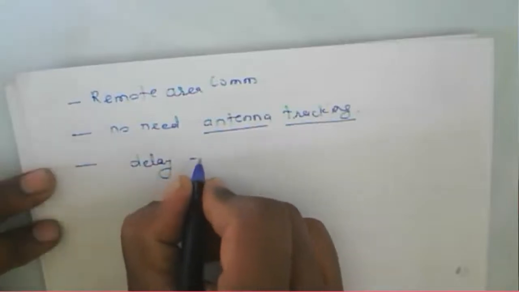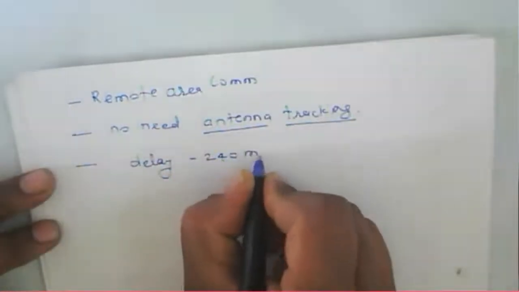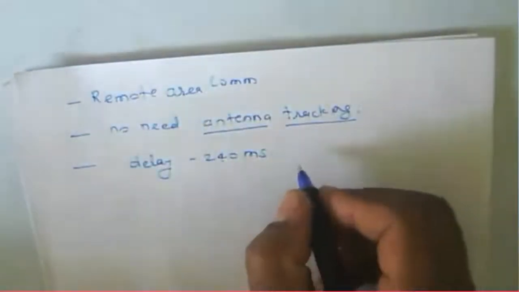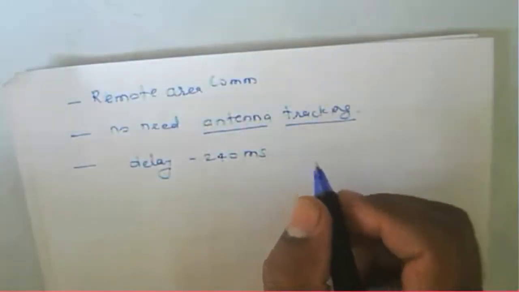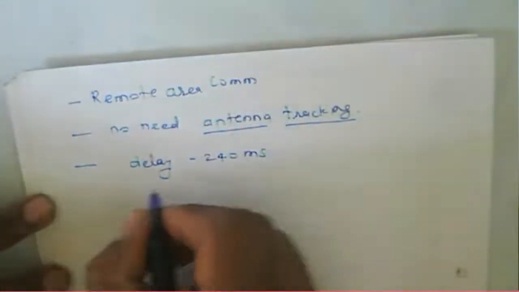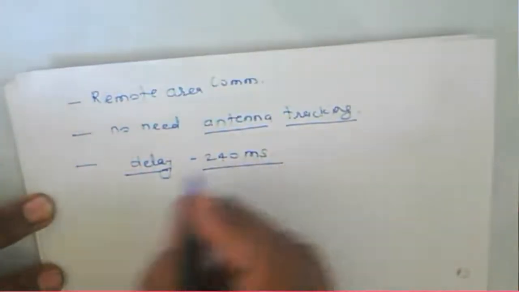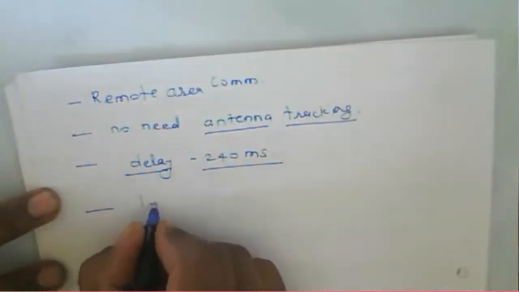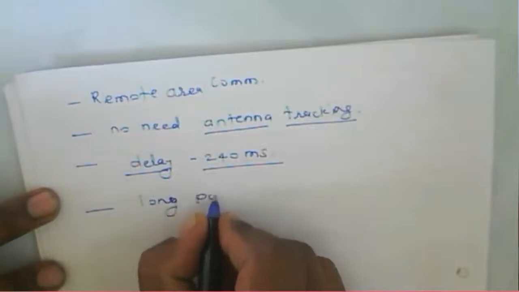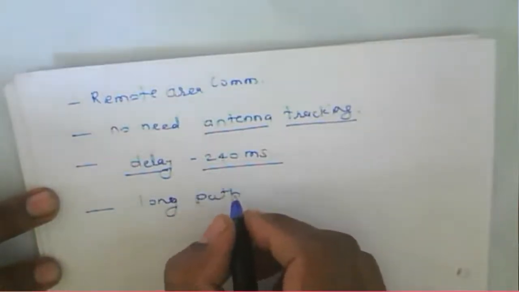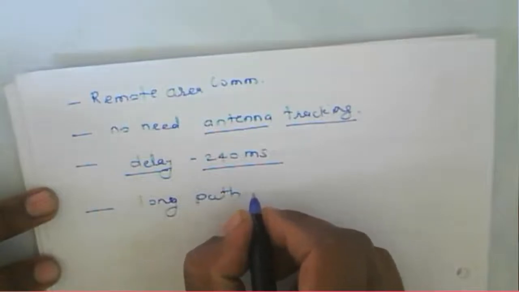You know that your dish TV cost is reduced because antenna tracking isn't required. The only drawback is that there is a large propagation delay, about 240 milliseconds, because the altitude is high and the satellite position is high. The delay is large because of the long path.